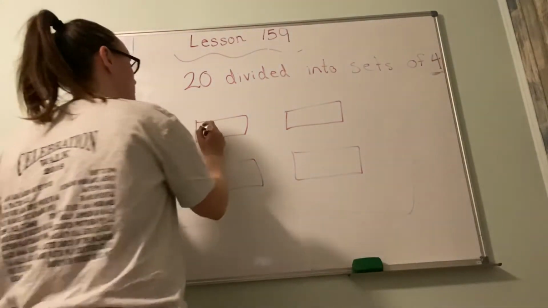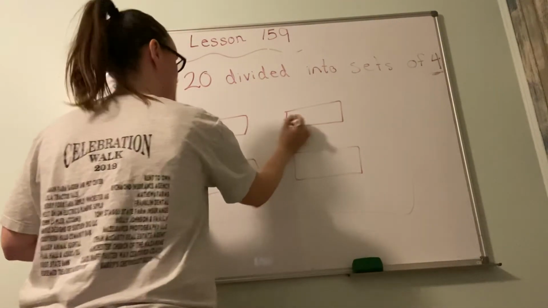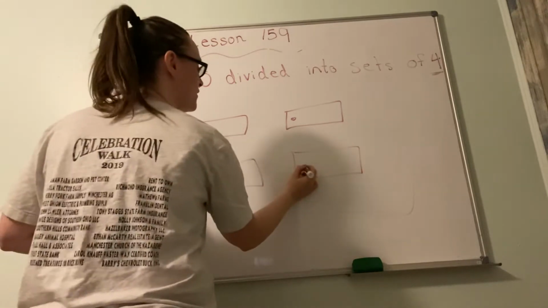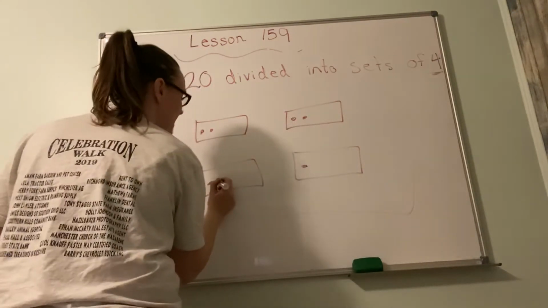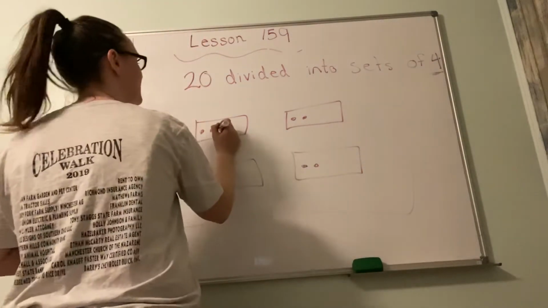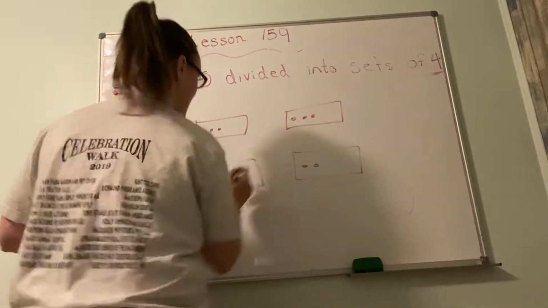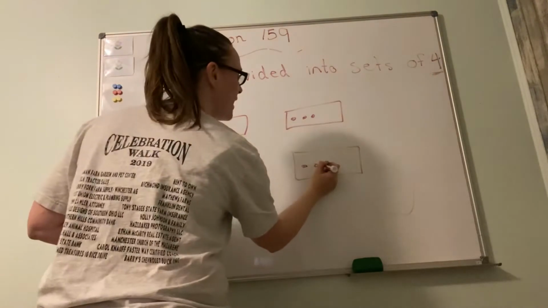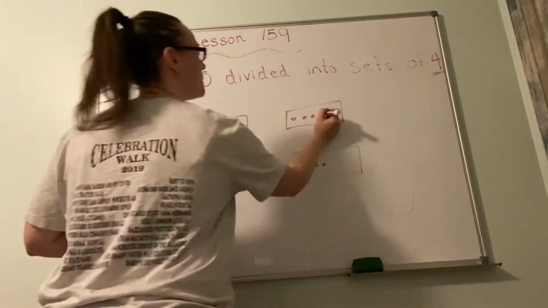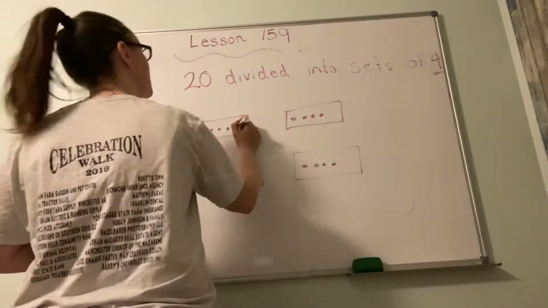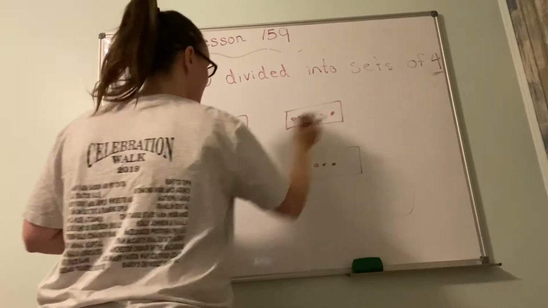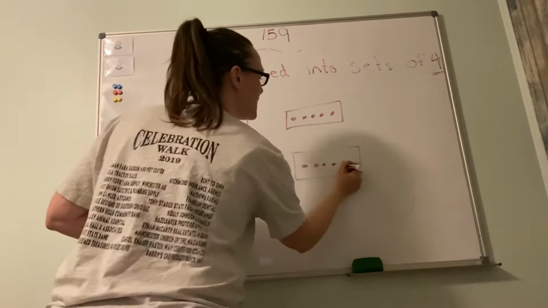So here we go. 1, 2, 3, 4, 5, 6, 7, 8, 9, 10, 11, 12, 13, 14, 15, 16, 17, 18, 19, 20.